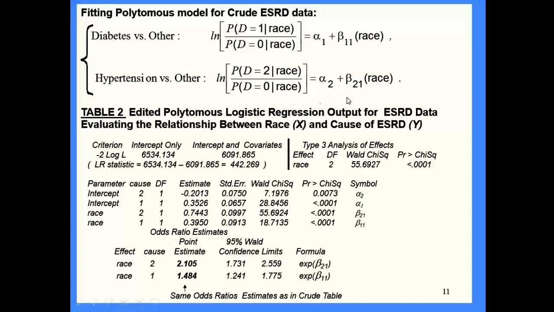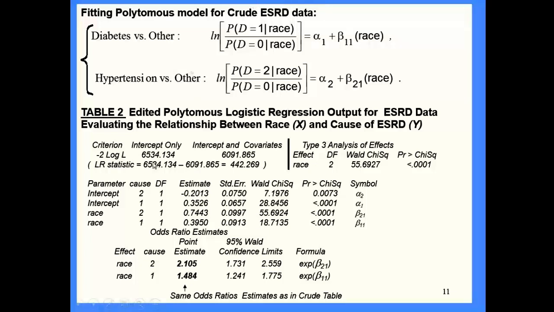There are 2 alphas and 2 betas. When you look at the output down here, you see intercept, intercept, race, race. There are 2 intercepts and 2 race values, right? Because that's what this model has.